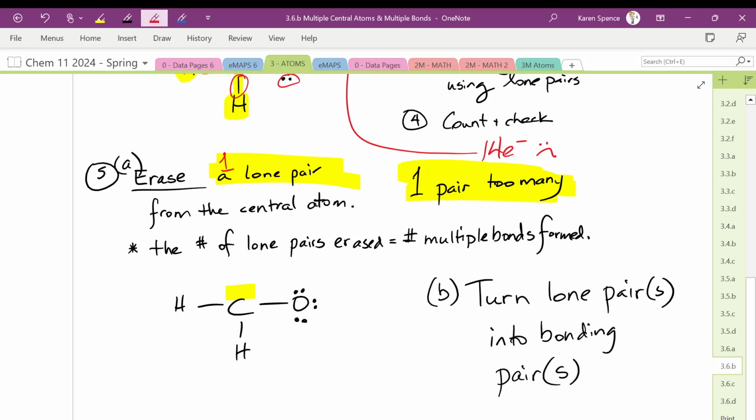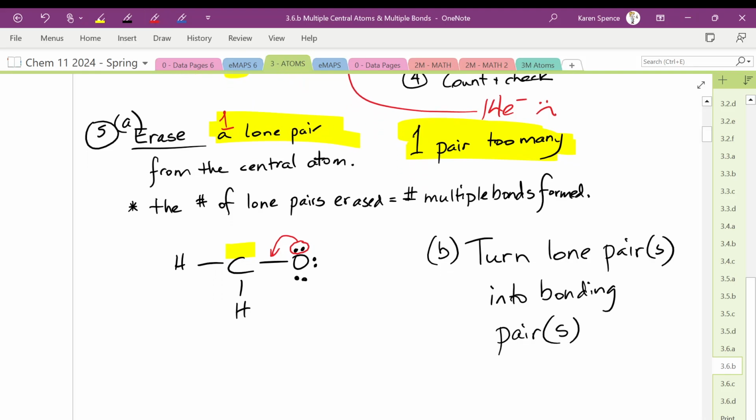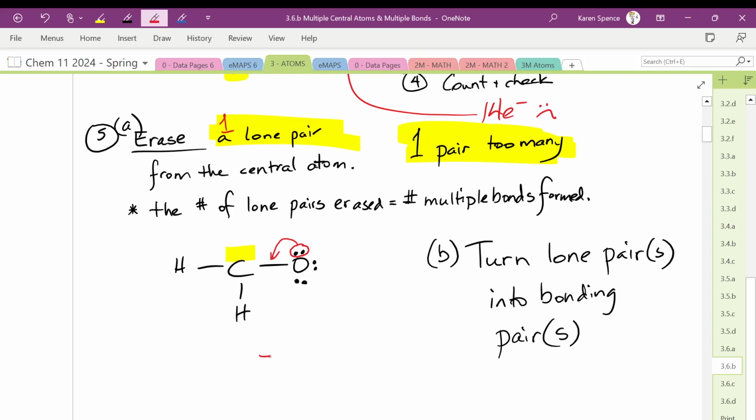You know what oxygen is going to say? I am just so nice. I will share another pair with you, carbon, so that you can also have 8 electrons. Because I get to keep them since I'm still bonding, and oxygen still has 8. So this is going to turn into a bond. Okay, so that red one is now a double bond. That's our multiple bond. And the rest of the structure stays the same.